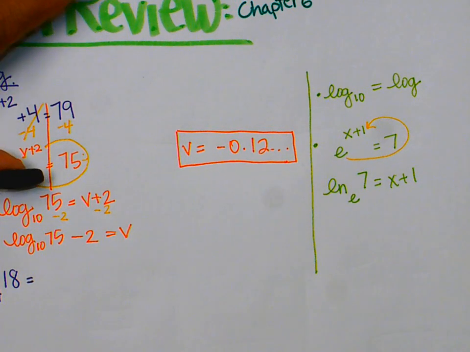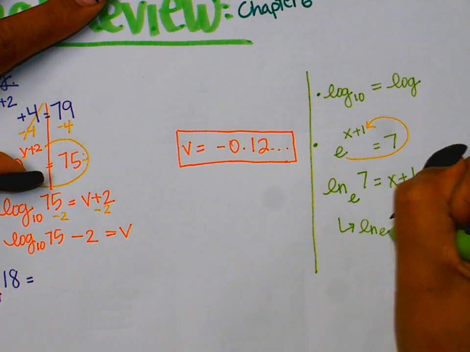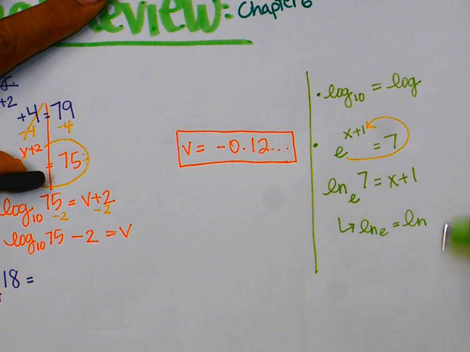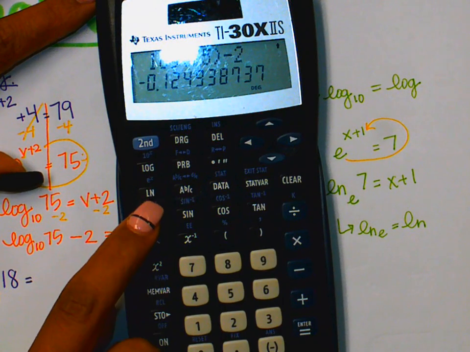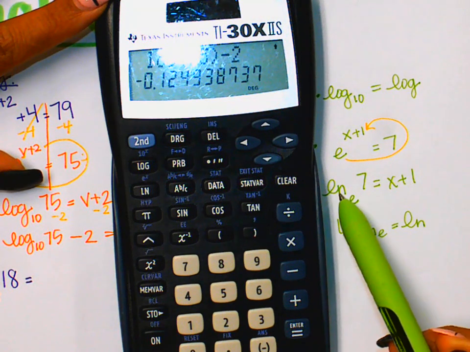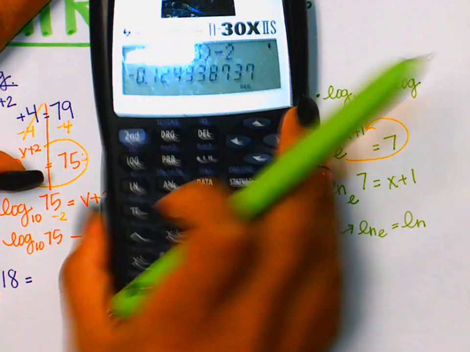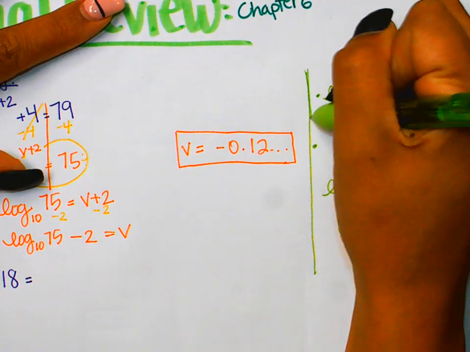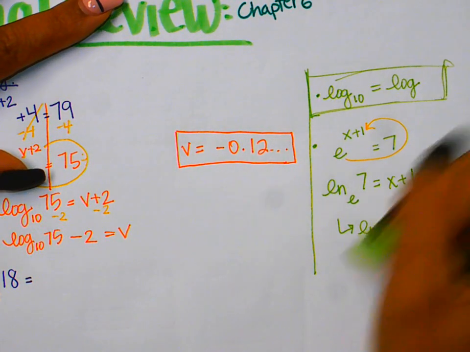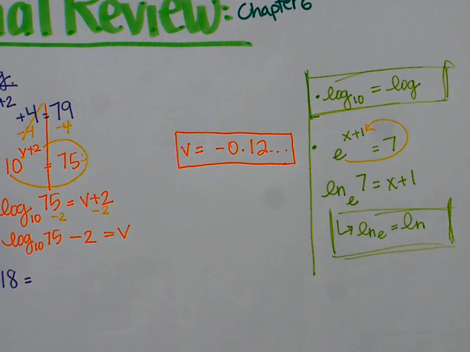And again, log base e is equal to just regular ln. That'll help you when plugging it into the calculator. It's just the base: so the e and the ln, and then the 10 and the log. So just keep these in mind. It'll be really, really helpful when plugging it into the calculator.